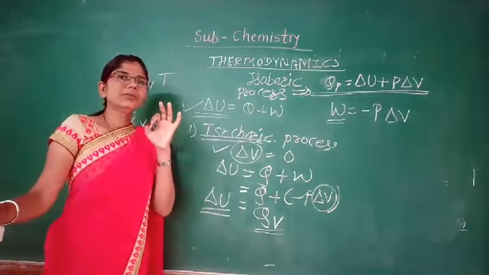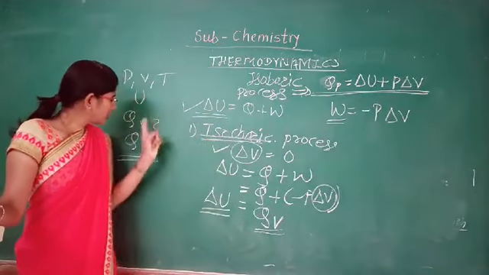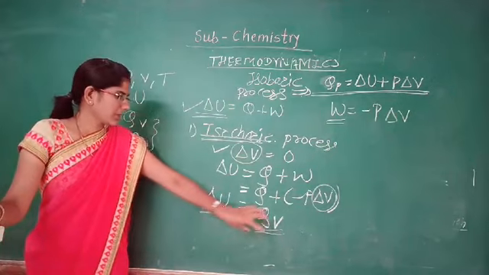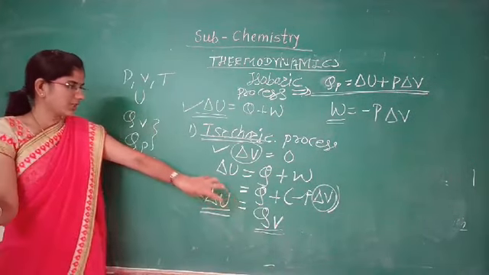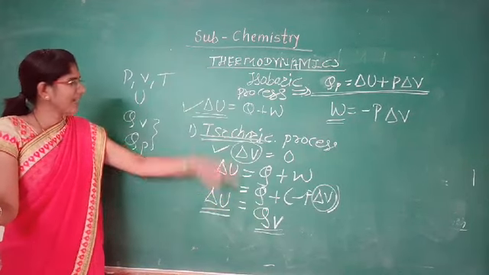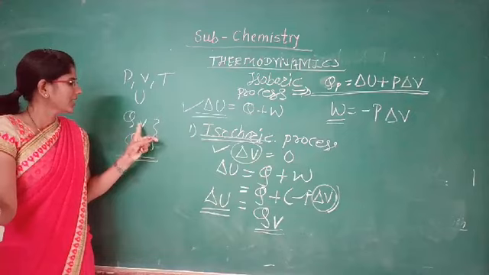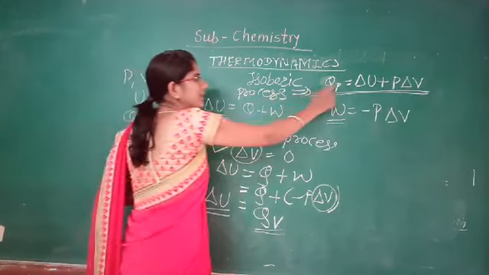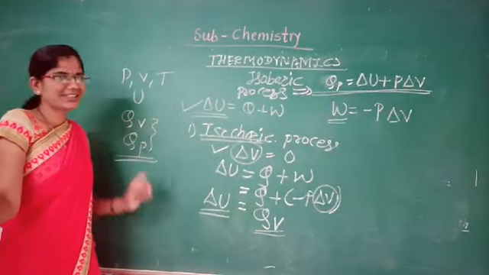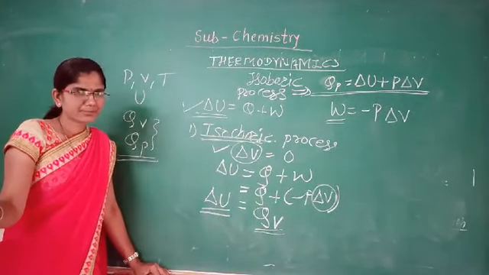Only Q, that is heat, is not a state function, but QP and QV are state functions, because QV is equal to the change in internal energy, that is U2 minus U1, and it is a state function. Therefore QV is a state function, and QP is also a state function, because it is equal to the change in internal energy and also the pressure volume type of work.